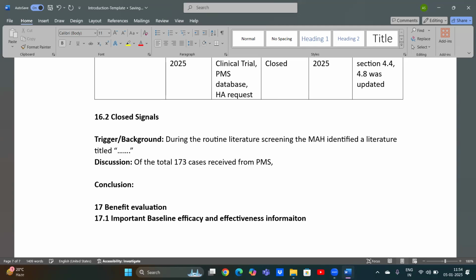Can anybody tell me what is the difference between efficacy and effectiveness? They are similar, right? Then why are we writing both? There should be some reason why we are writing both.